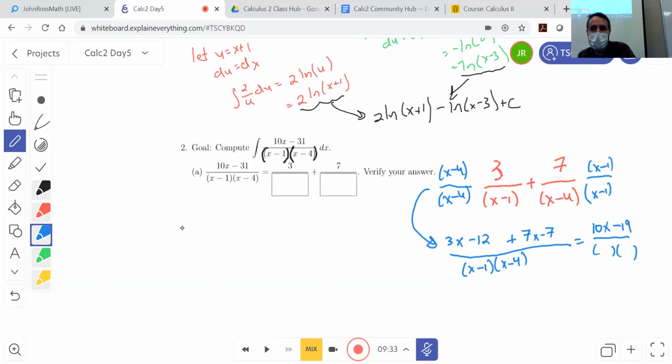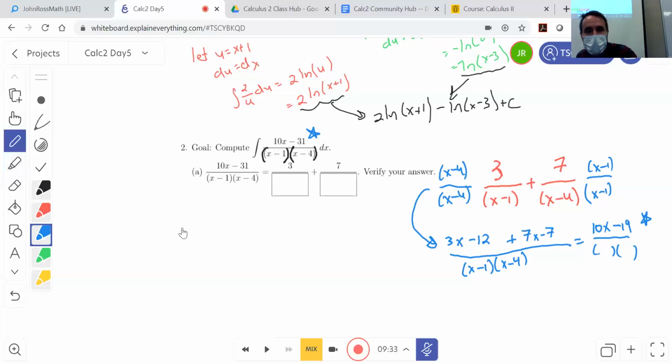So we made this guess, we multiplied, and now we go back to check, and we realize that this isn't quite right. That 10x minus 19 is not lining up with what we wanted up here. So the guess of putting the x minus 1 under the 3 and the x minus 4 under the 7 is probably not correct.